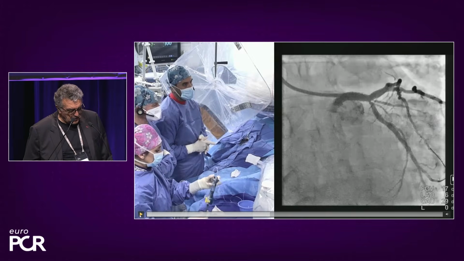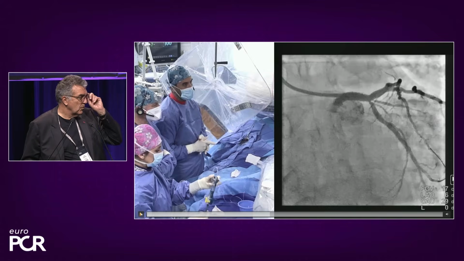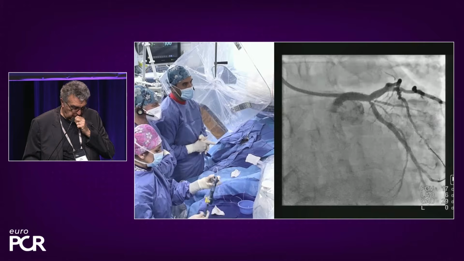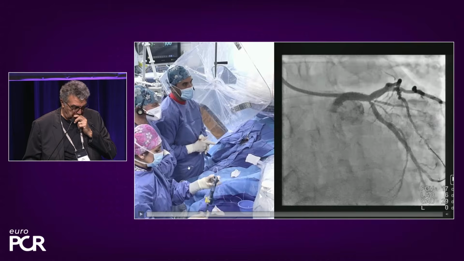Maybe just one more comment. In the entire strategy here, we have to think also from the bleeding perspective, the antithrombotic perspective. So we have a patient here that is at high bleeding risk per definition because he will need a prolonged oral anticoagulation. He was treated with the appropriate stent.